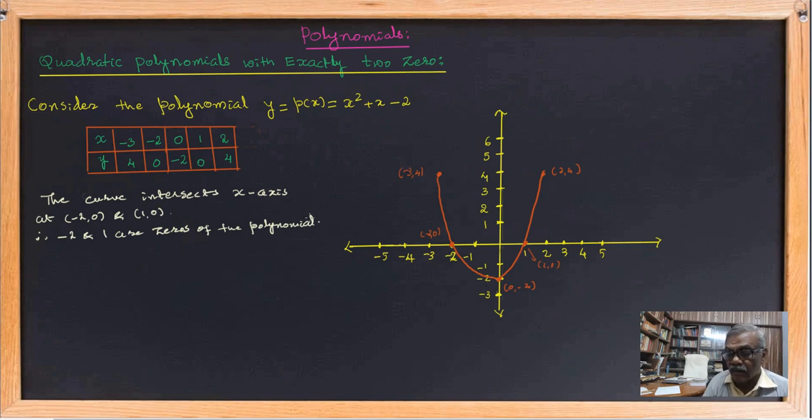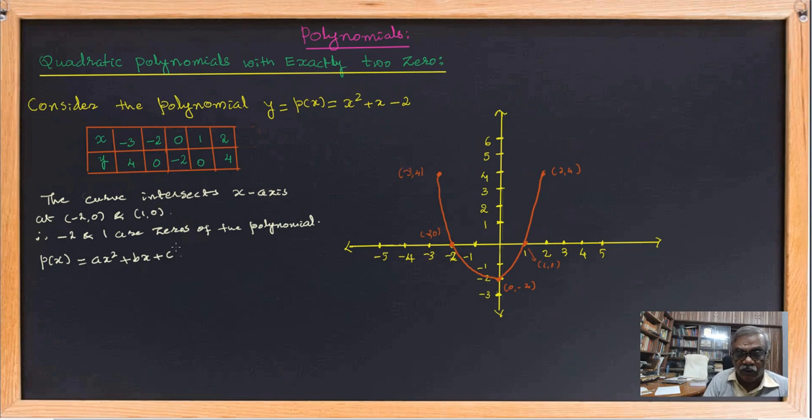Here we can consider in a similar fashion. We can see here, now the general standard form of this polynomial is ax square plus bx plus c.